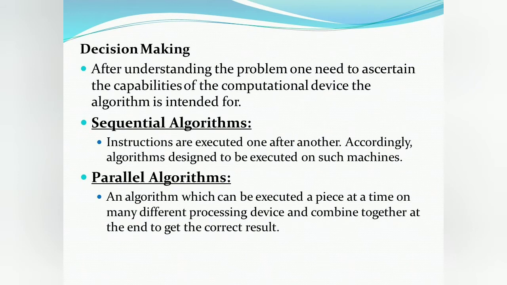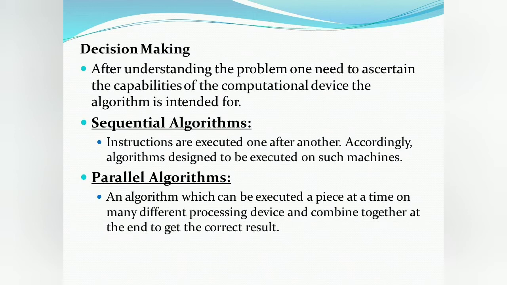The next technique is the computational device, that is, ascertaining the capabilities of a machine. This can be done by knowing the type of the architecture, speed and memory availability. The computational device of the algorithm is intended for sequential algorithms and parallel algorithms. Sequential algorithms: the essence of von Neumann machine architecture is captured by RAM.